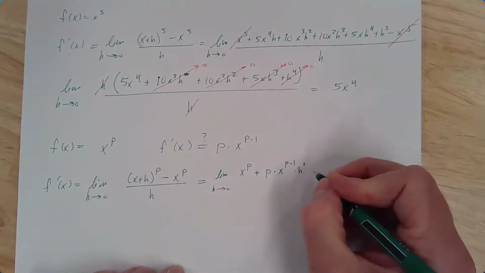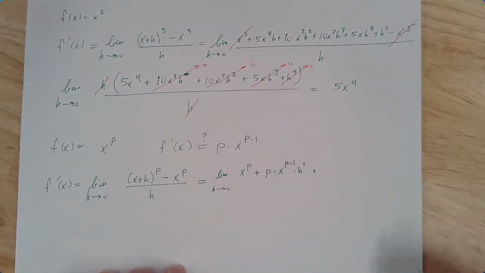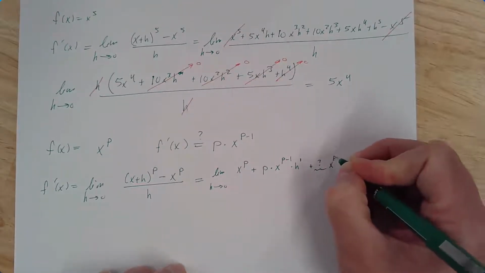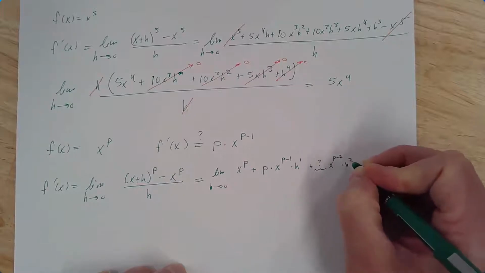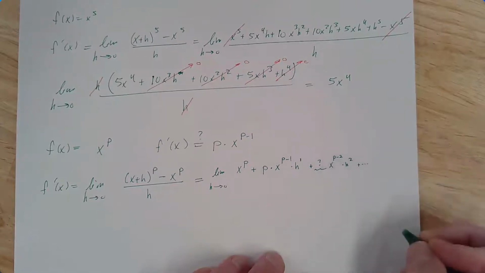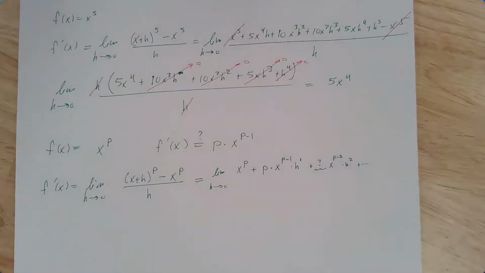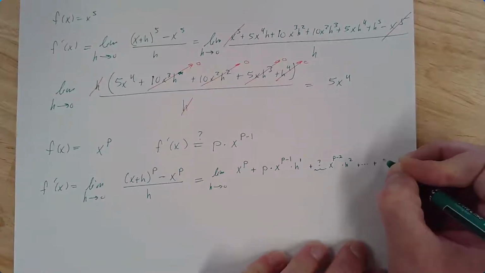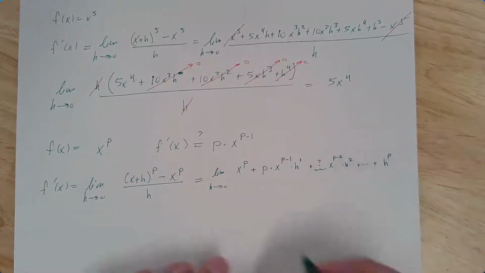And then there's some other terms. I don't really care what the coefficient is here. I know the power is going to be x to the p minus 2 times h squared, and so on. There's going to be lesser powers of x, higher powers of h, up until the very last term, which is h to the p power.